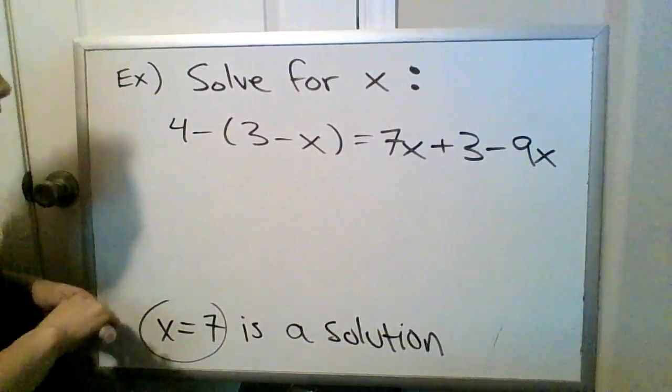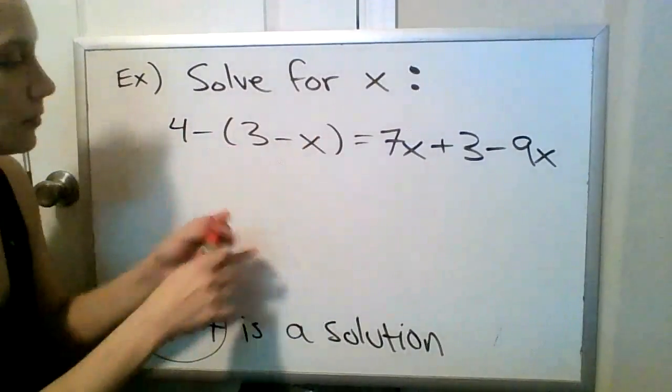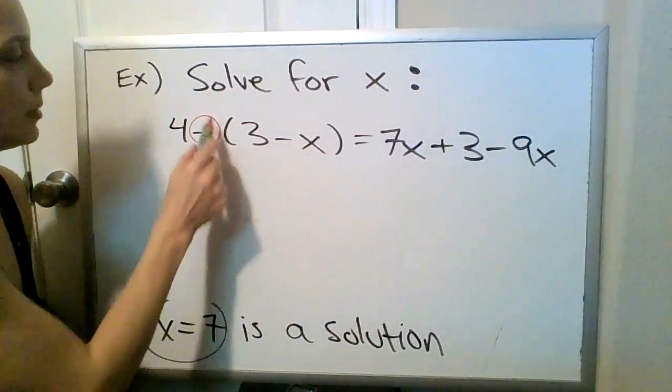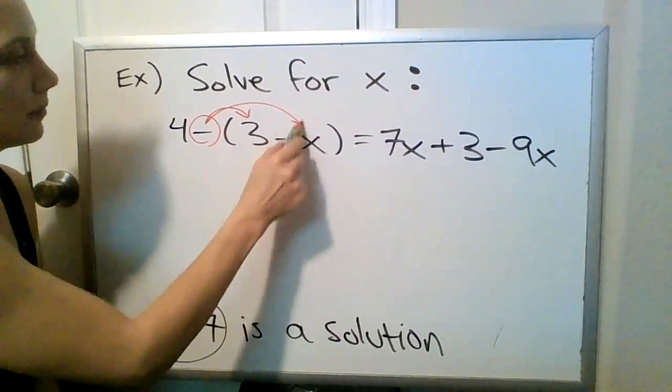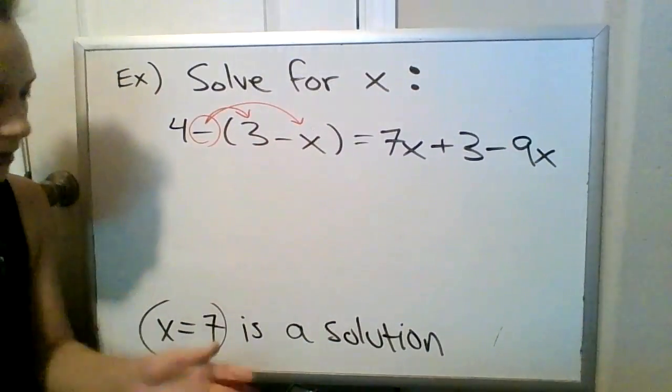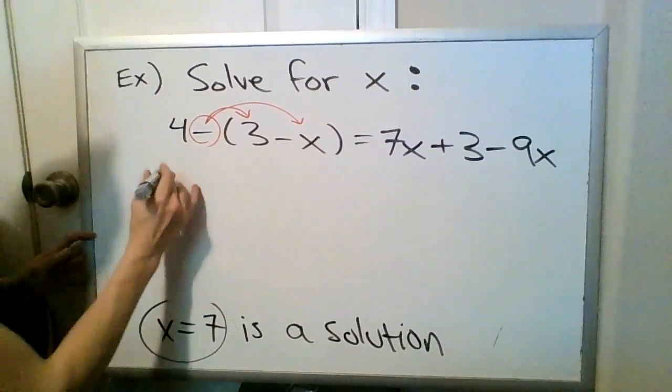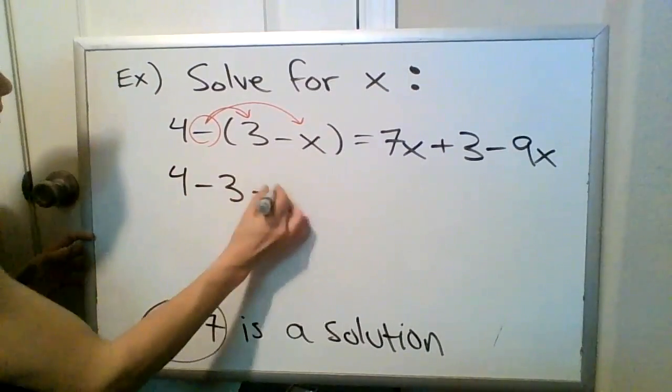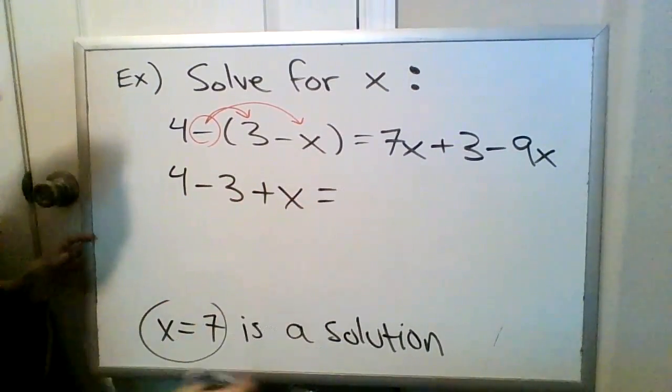First thing to do is distribute. Whenever you see parentheses, we're going to distribute that negative sign, whatever number needs to be distributed. 4 minus 3 plus x equal to.